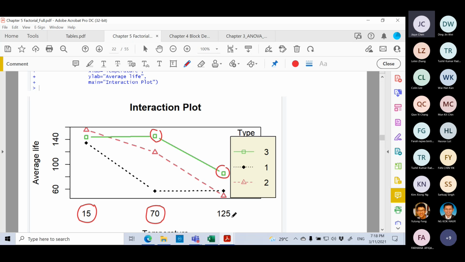I fix at 125 and compare the 3 materials. You can also fix at material type 1 and compare the different temperatures. You fix at material type 2, then compare the different temperatures. Okay, so this is for when the interaction effect is significant.